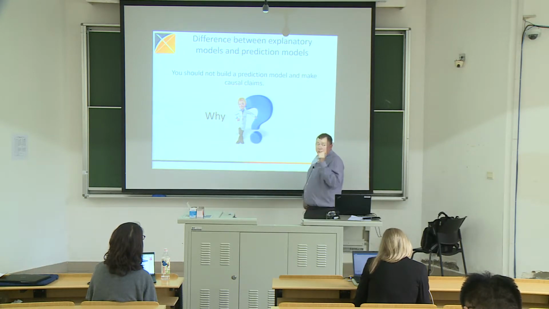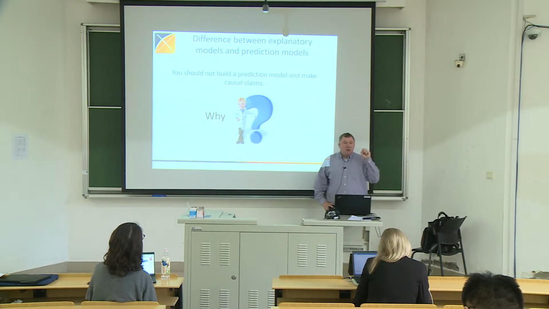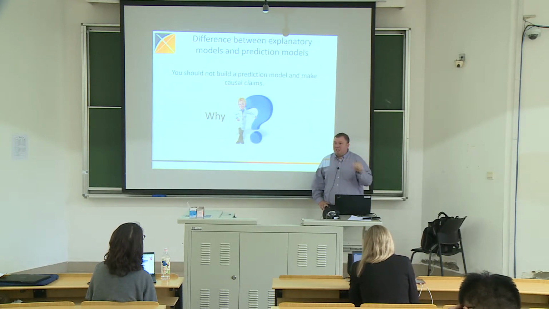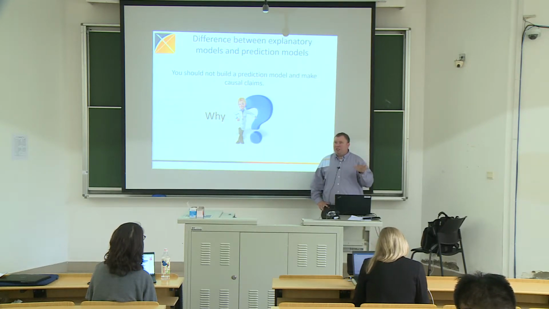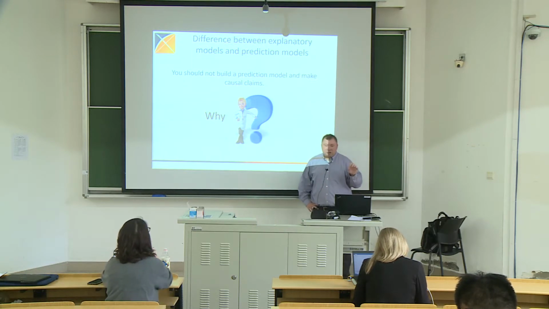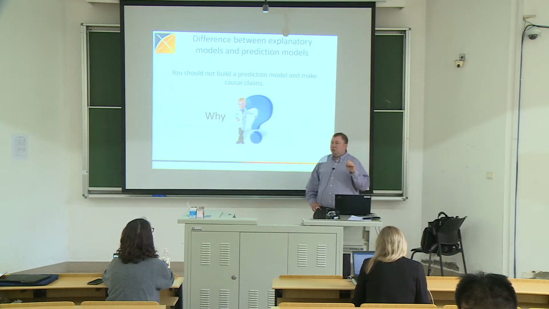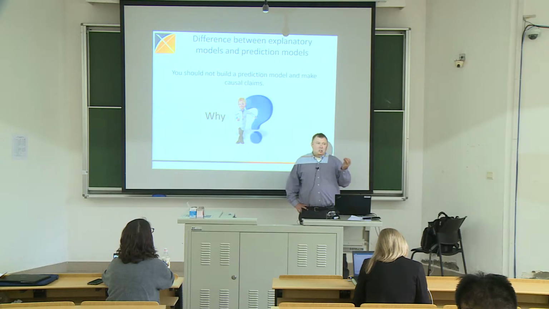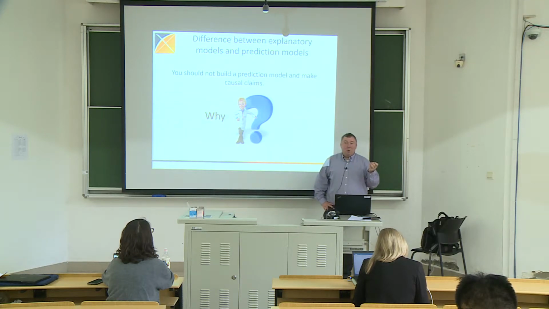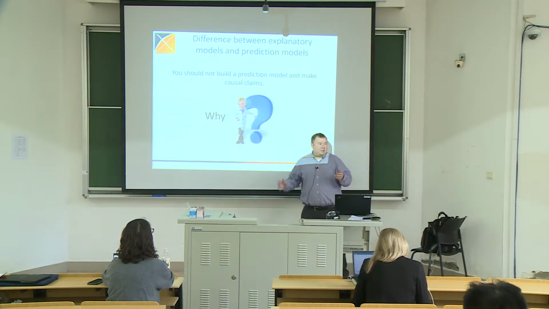To be more direct about this, the number one mistake that is made by most prediction papers that are published in the literature is that they try to use the model to explain why this phenomenon happens.